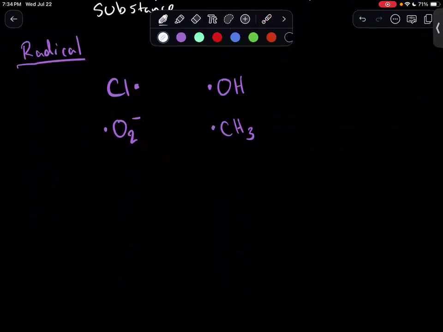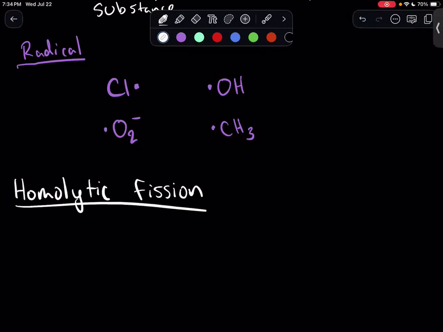Well, this is formed through what we call homolytic fission. If we break this up, homo means same, lytic means to break.